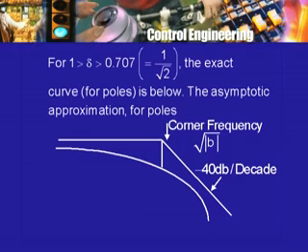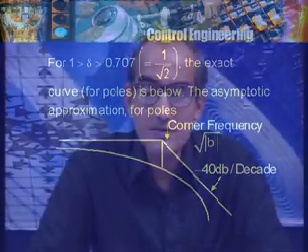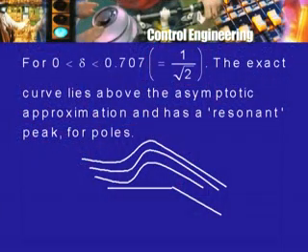For delta less than 0.707, it is a strange behavior, but that is something which does hold for delta less than 0.707 and of course greater than 0, because there is some damping, the system is underdamped.